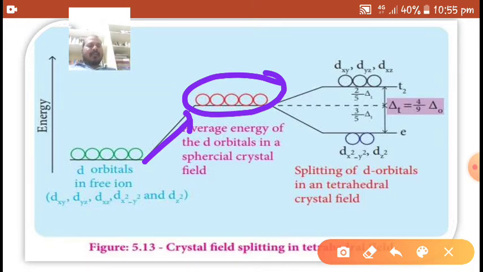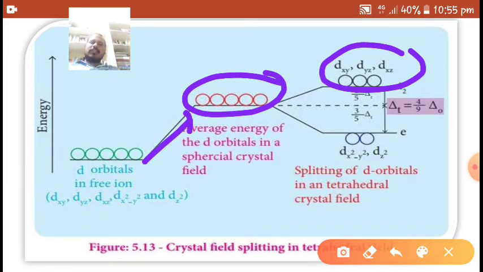What happens here? The 4 ligands are situated in a manner that they lie between the x, y and z axes, right? So the T2g orbitals of the metal ion will point towards the direction of the ligands. Ligands are approaching the metal ion between the axes, so the lobes of these T2g orbitals will be directed towards the ligands.